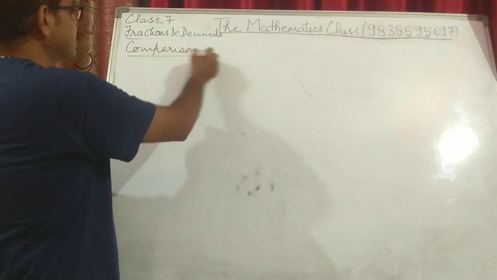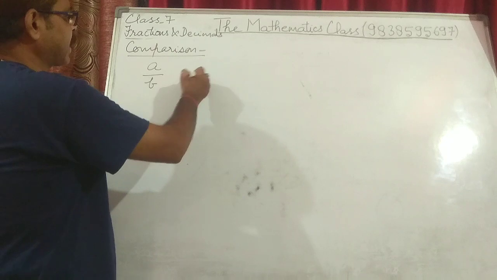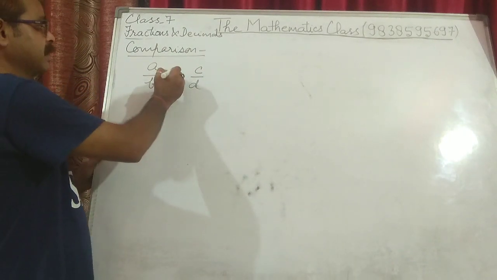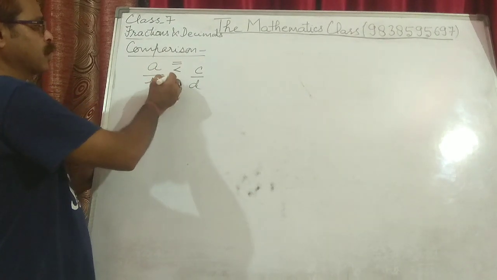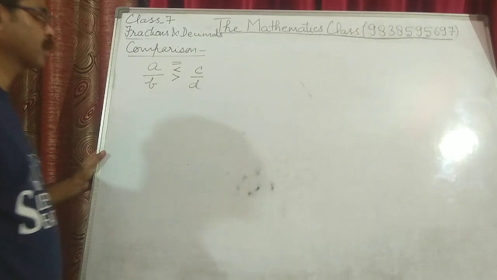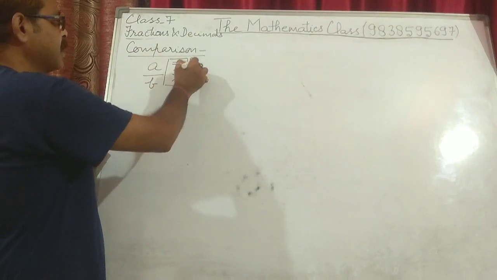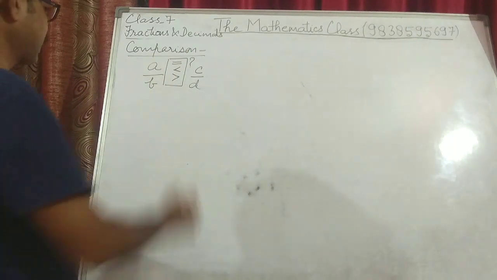Suppose you have been given a fraction a upon b and a fraction c upon d. How do we compare them? Either they can be equal, or a upon b may be smaller, or c upon d may be smaller. To decide which sign to place, we generally cross multiply.